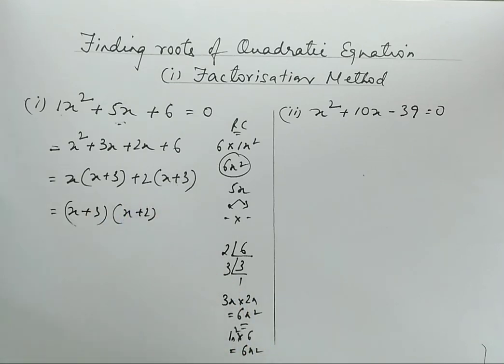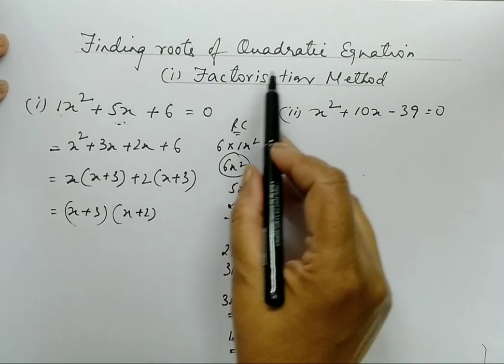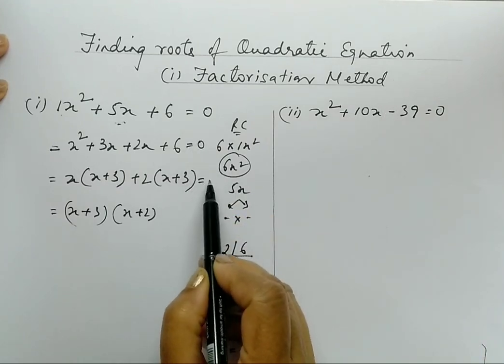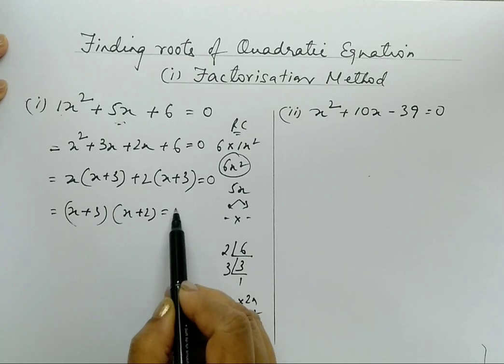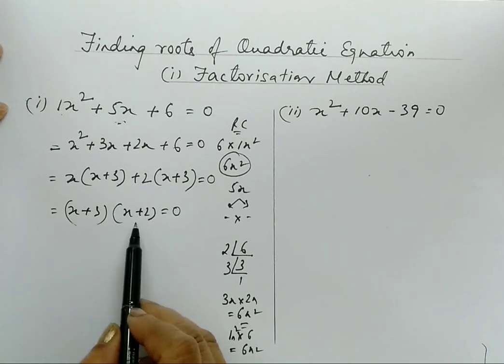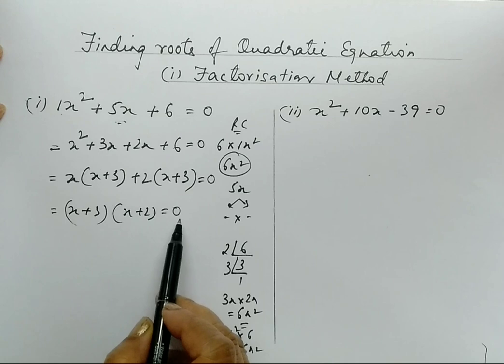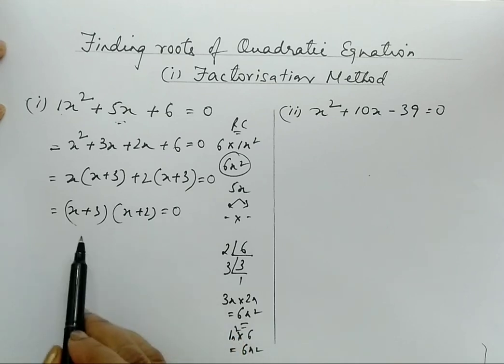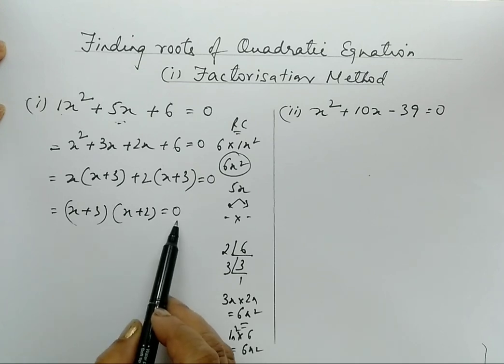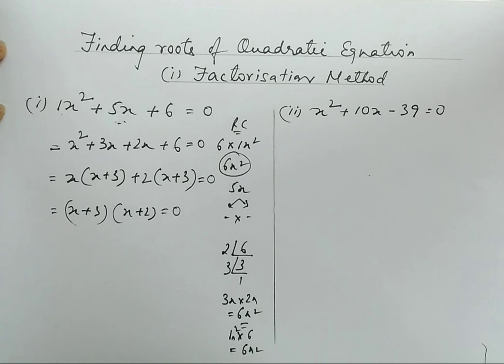Now this is plain factorization, but since we are dealing with a quadratic equation, can we not write it equals to 0? Of course we have to. Now if two factors multiply to give a product equal to 0, we know that either this or this must be 0.